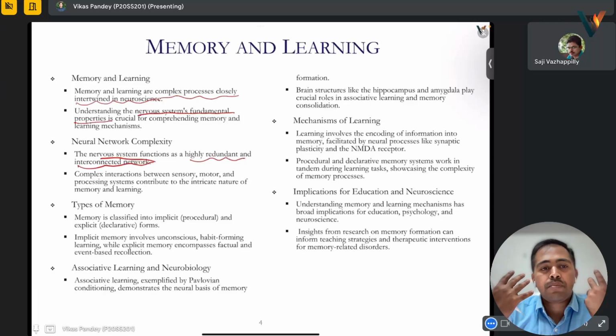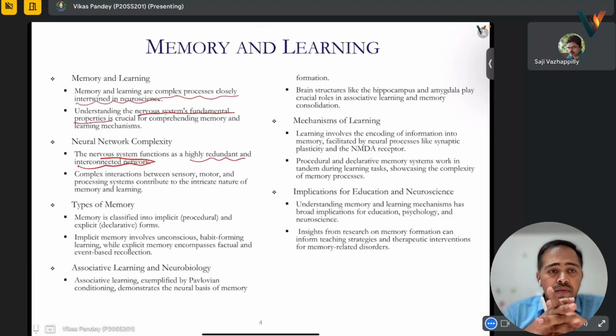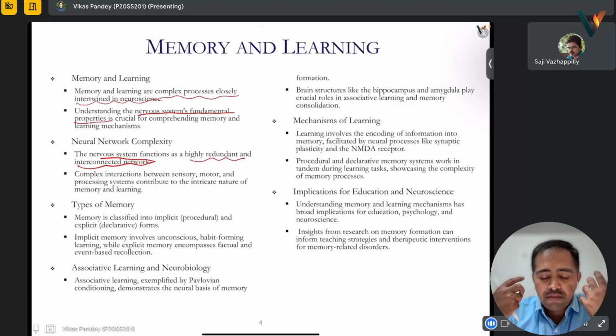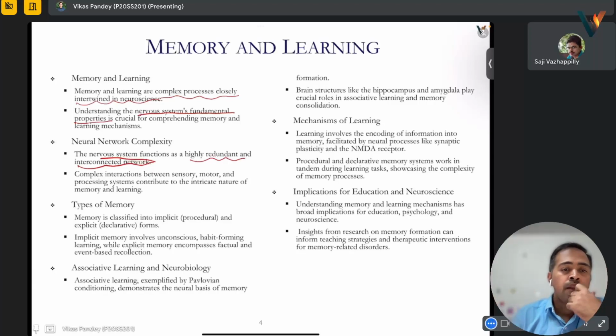So memory is mostly through connected networks, and it is highly redundant, meaning repeatable in nature, or some parts are not used at all. Memory forms due to the interaction between sensory, motor, and processing systems.